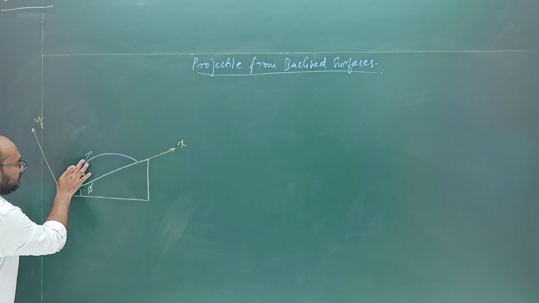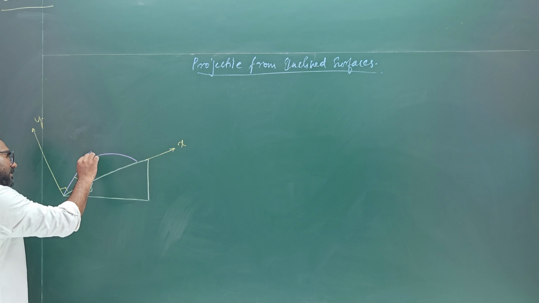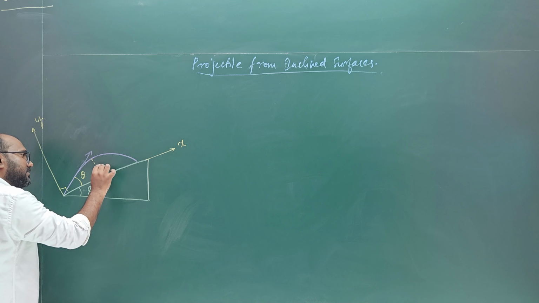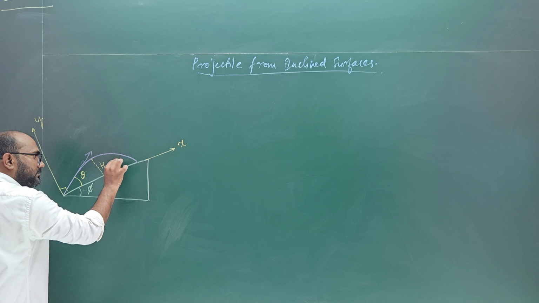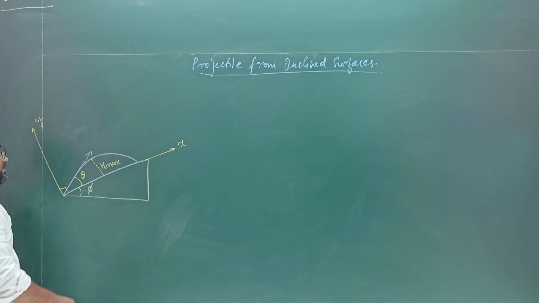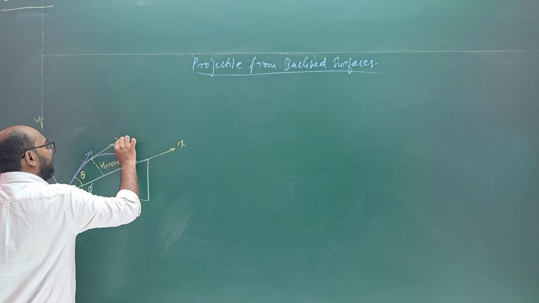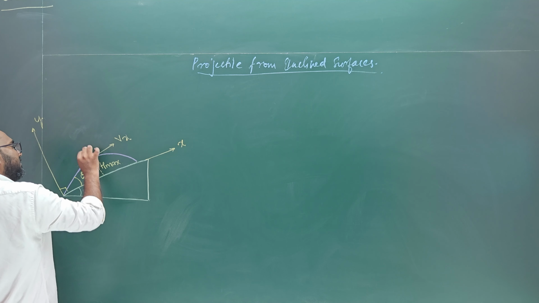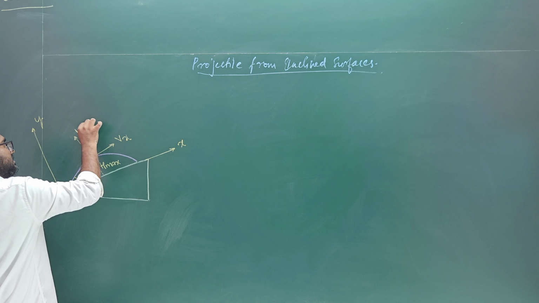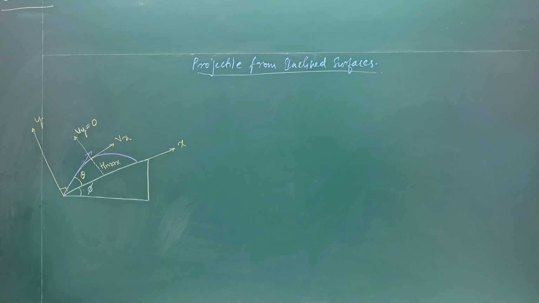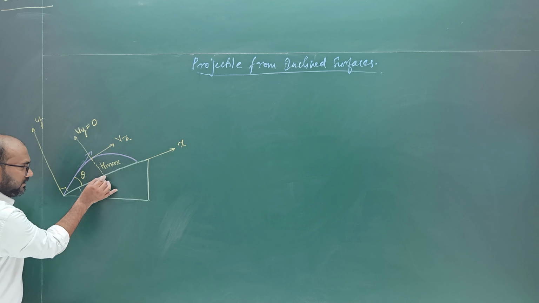Now can I call this particular point Hmax? Yes or no? At Hmax the velocity becomes 0. So only Vx is left here, and Vy will become 0. Still the same concept. Okay, but where is g acting? g will be acting in this direction like this.